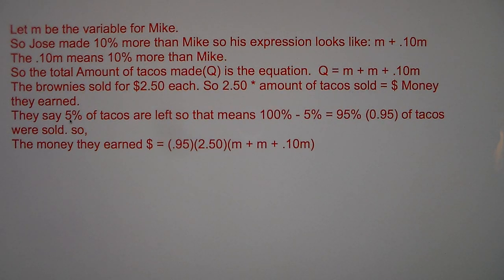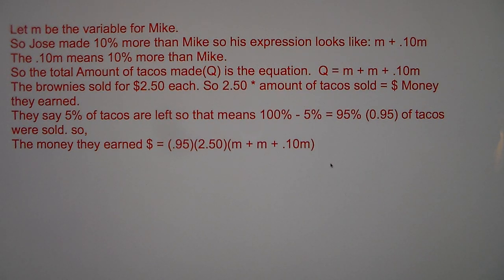They say 5% of tacos were left, so that means 100 minus 5, which means 95% of their tacos were sold, aka 0.95. So the money they earned equals 0.95 times $2.50 per taco times M plus 0.1M, which is the amount of tacos they made. So you multiply them all together, and that will get you how much money they made selling all their tacos.